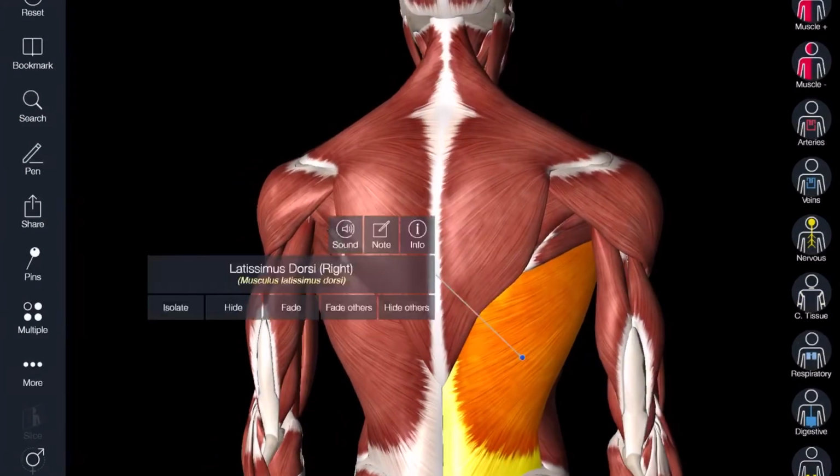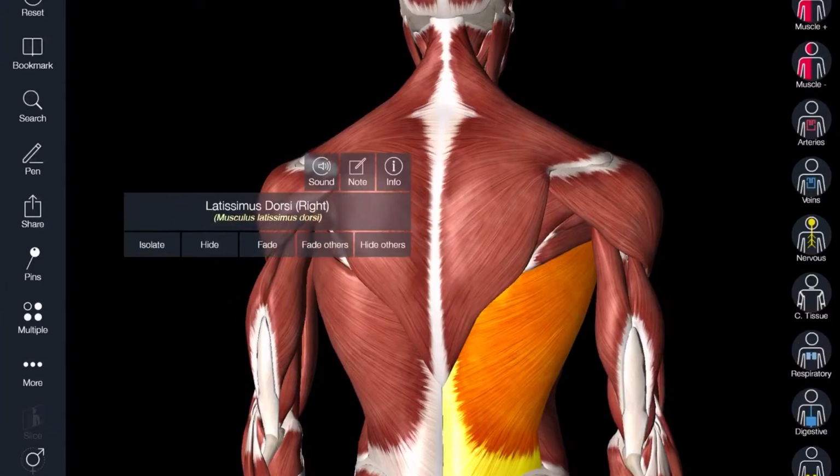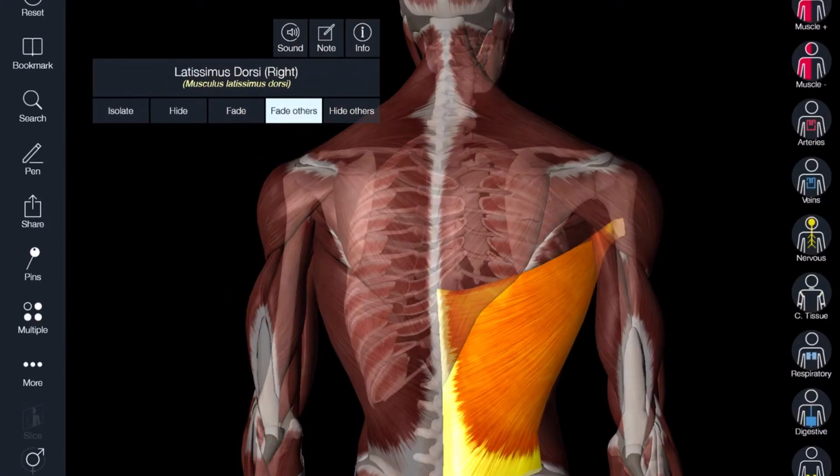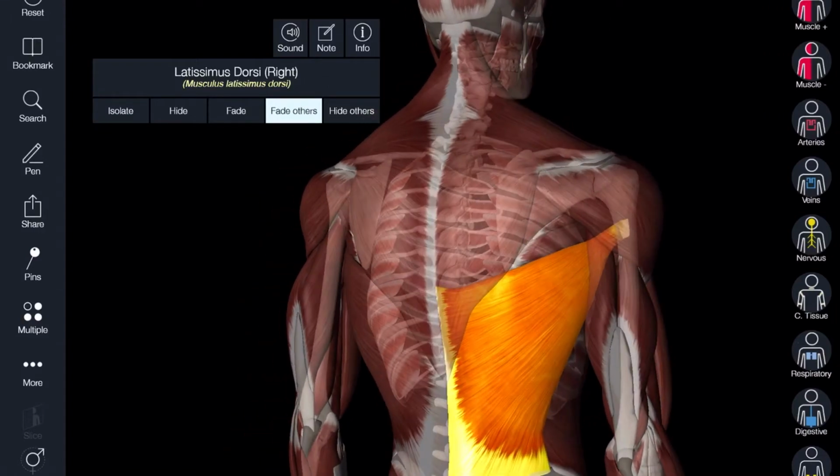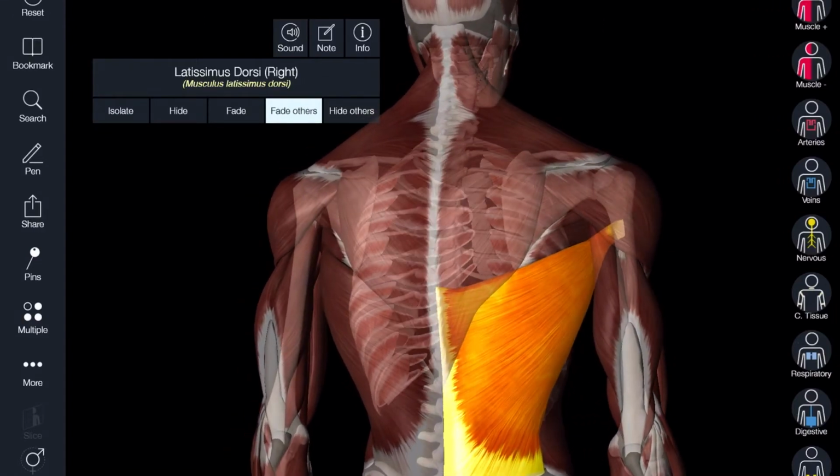So let's take a look at attachments for Latissimus dorsi. Its attachments include spinous processes of T7 through L5. So starting at T7, and there's that overlap between trapezius and Latissimus dorsi.